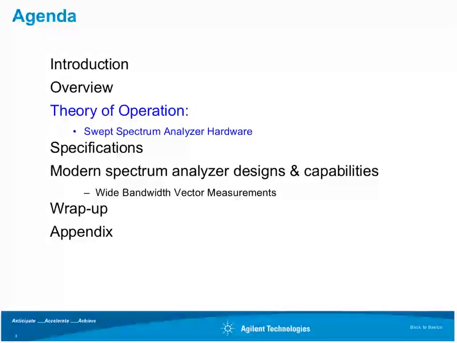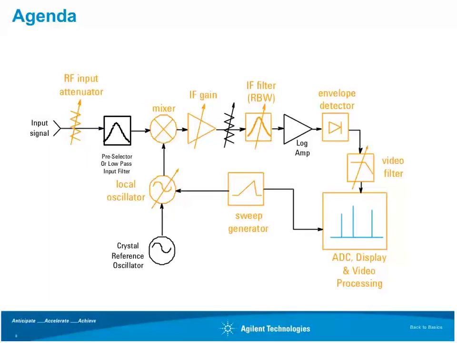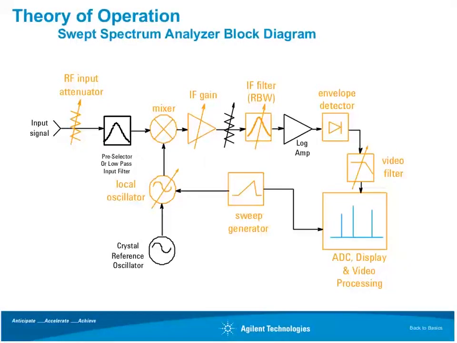All right, so let's now take a look at the architecture of how one might actually build a spectrum analyzer. Here we've got a simplified block diagram. You can see over here on the left, the incoming signal would go into the RF input. Typically the first thing you'll run into would be an RF attenuator.